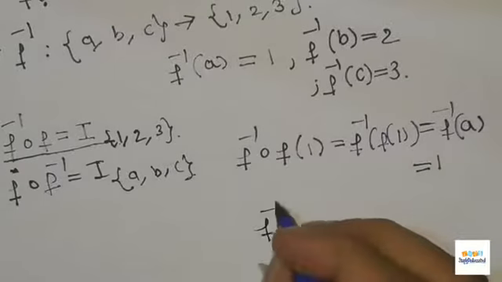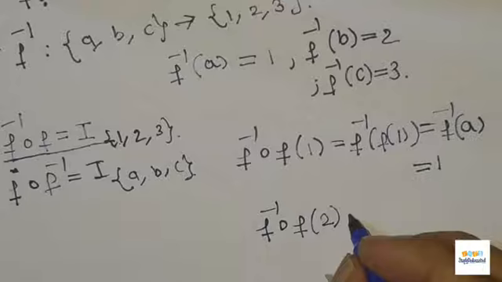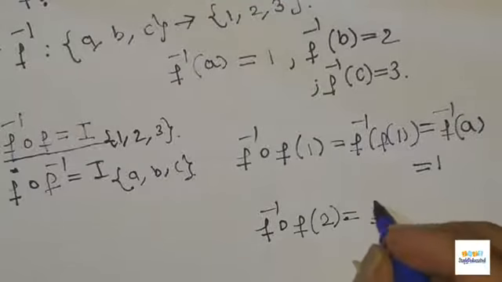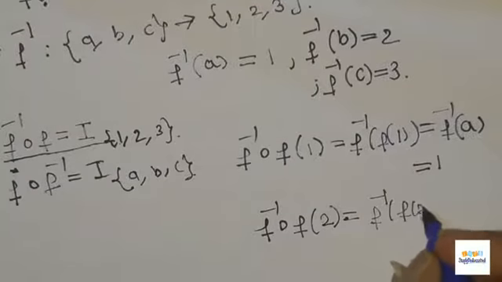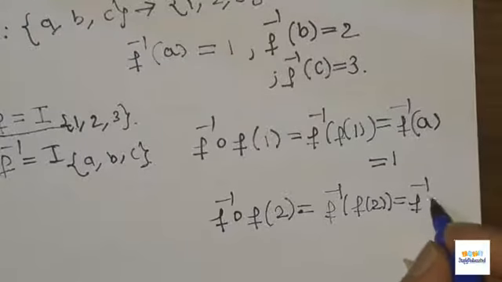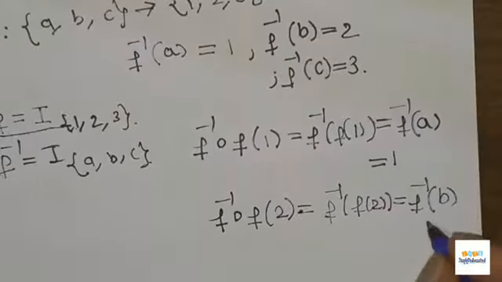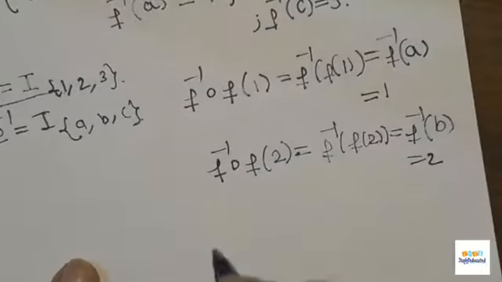Now again we will check F inverse composition F of the second element, that is 2. It will be equal to F inverse of F of 2, which is F inverse of B, since F of 2 is nothing but B. Now F inverse of B is 2, right?